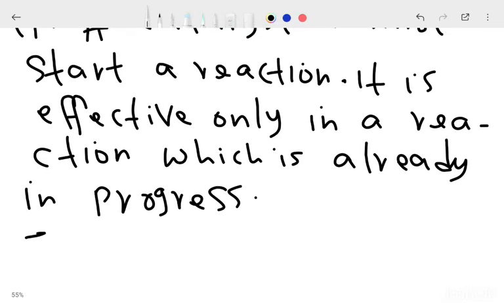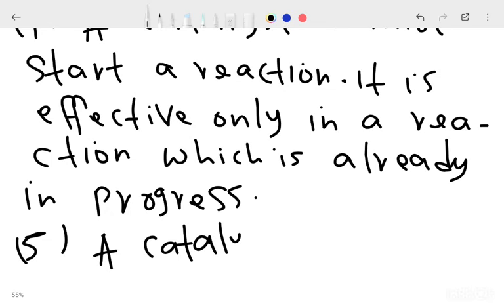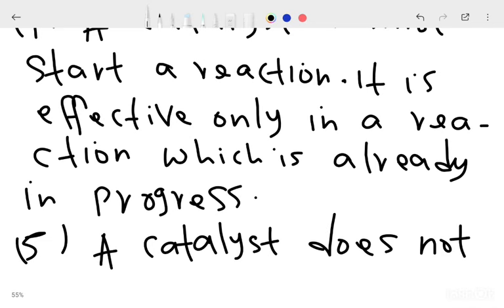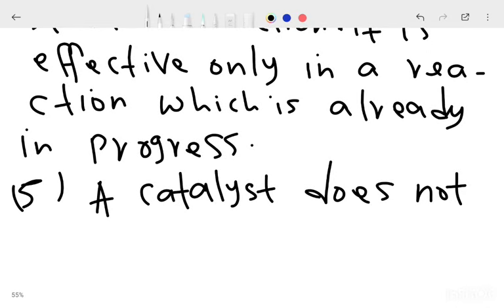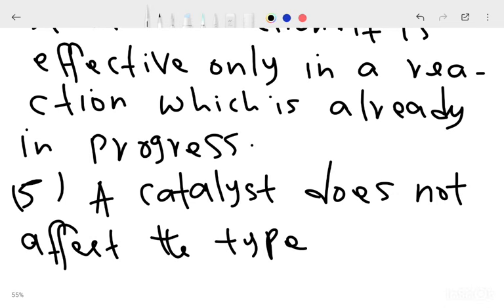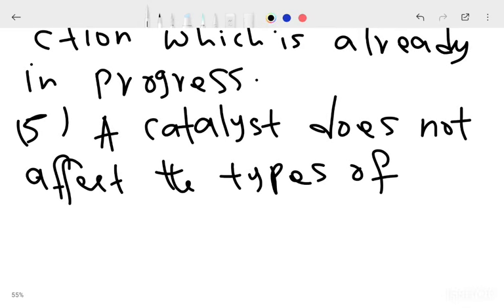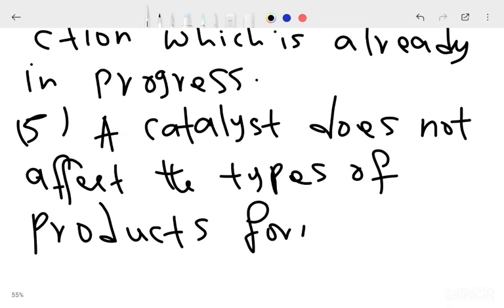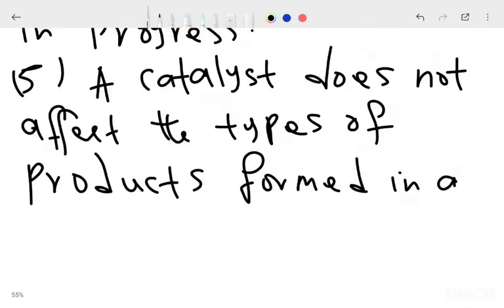Number five, a catalyst does not affect the types of products formed in a reaction.